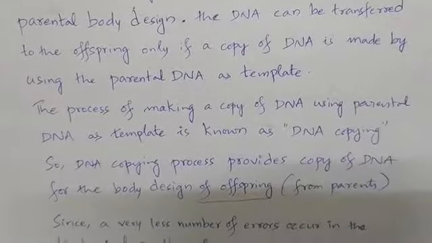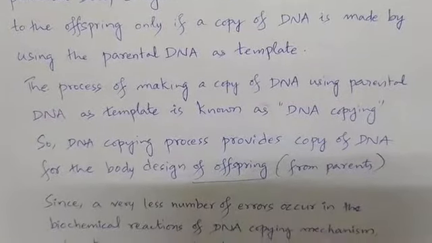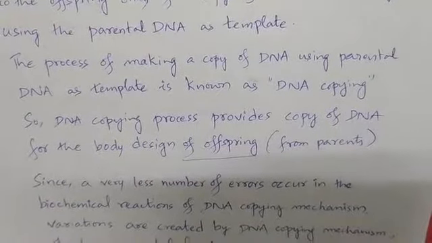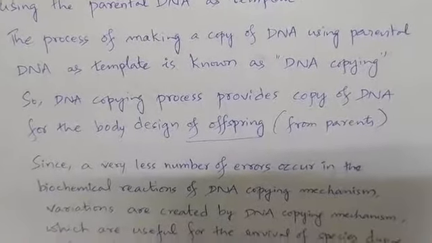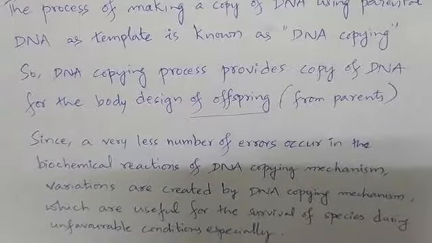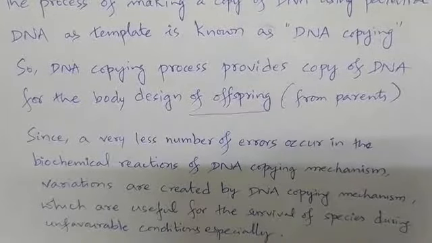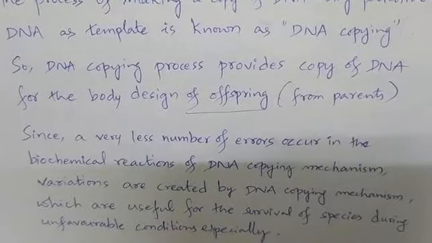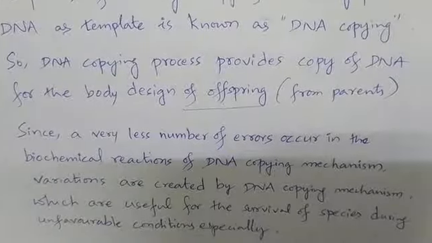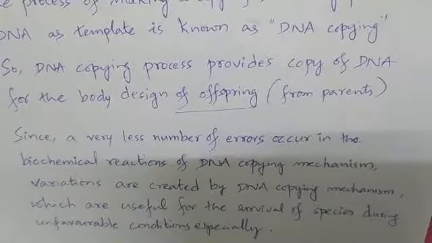So, the DNA copying process provides a copy of DNA for the body design of offspring from parents. Since a very small number of errors occur in the biochemical reactions of the DNA copying mechanism, variations are created, and these variations are useful for the survival of species during unfavorable conditions especially.